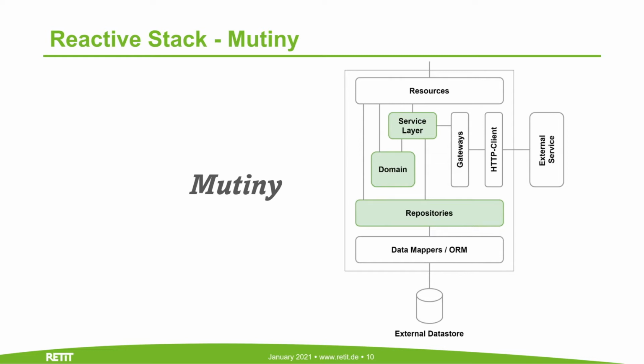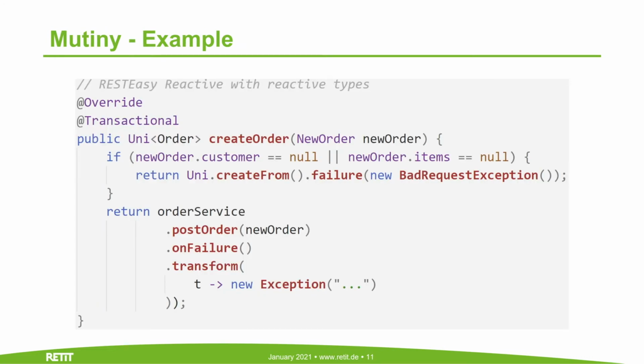So let's take a look at an example from RESTEasy Reactive with Mutiny, and in this case, we have a method that returns an order wrapped inside a Uni. That means that the stream either returns a single order or a failure. For failures, you usually would create an exception mapper.